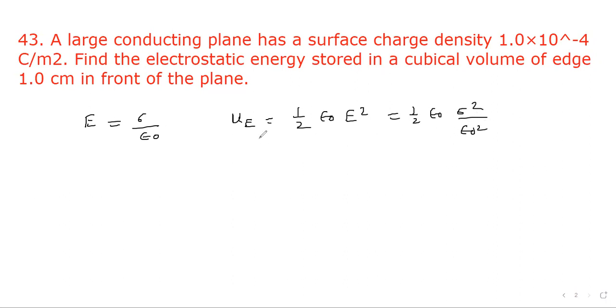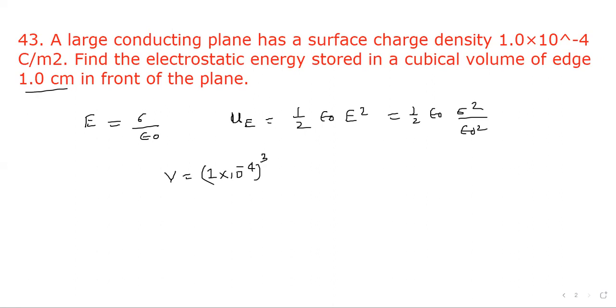Now, this is energy per unit volume. We consider this cube, whose side is 1 cm.